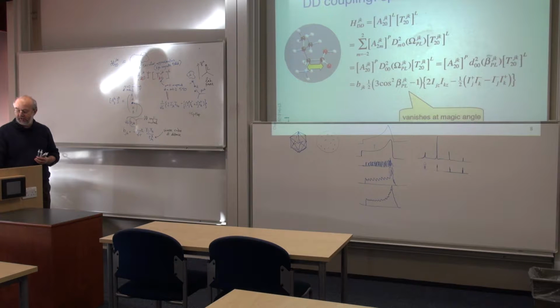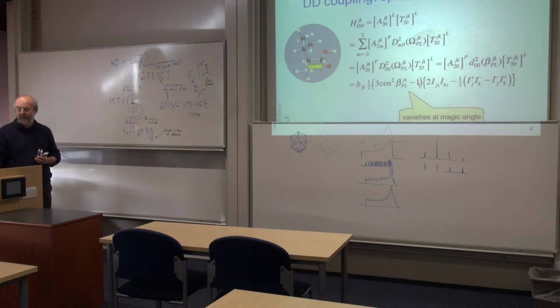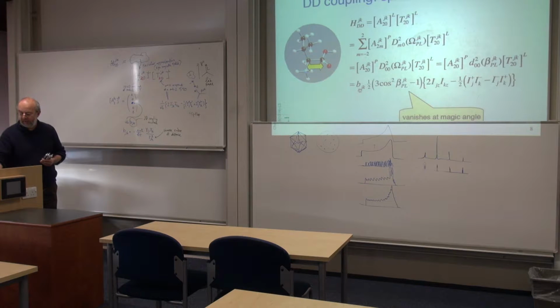And then we can substitute in the expression for d2, 0, 0, that's just a half 3 cos squared beta minus 1. And substitute in the expression for the spin operator, that's that. So we end up with an equation for the spin Hamiltonian for dipole-dipole coupling, which looks like that.